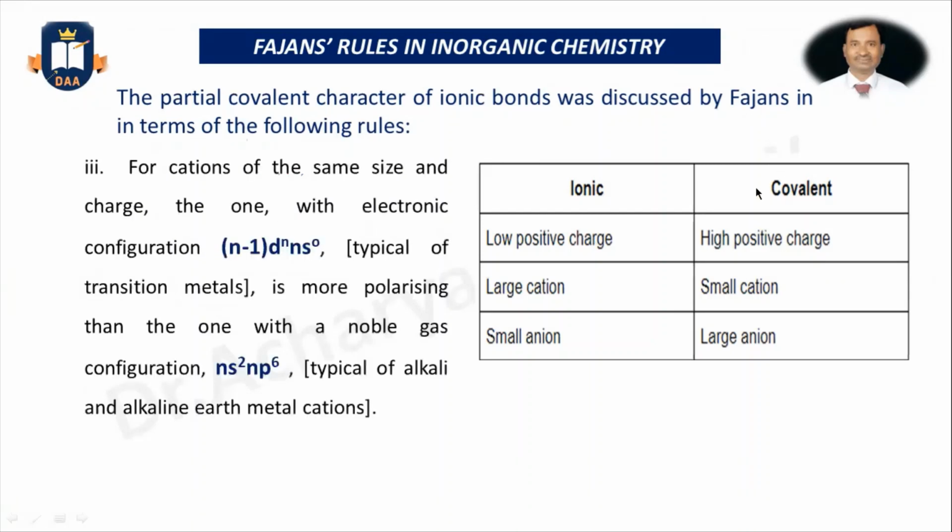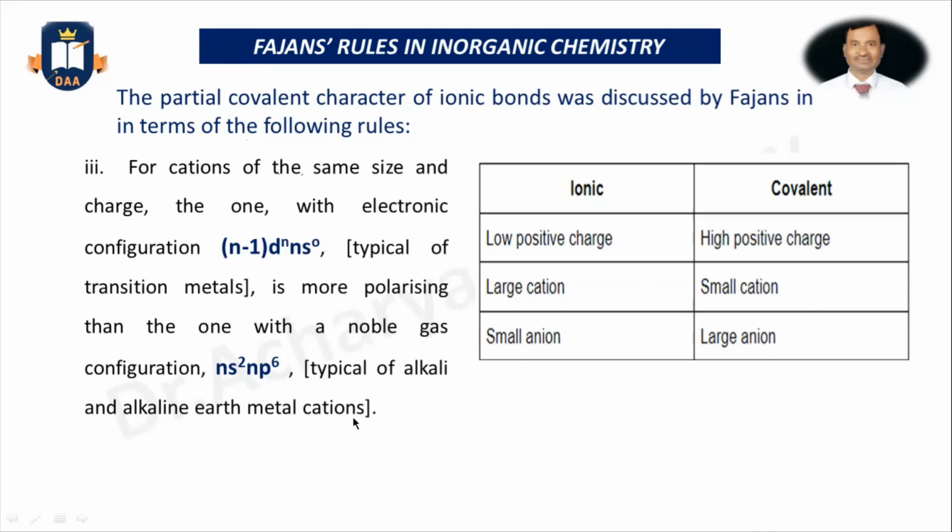Number 3. For cations of the same size and charge, with electronic configuration (n-1)d^n ns^0, which is typical of the transition metals, it is more polarizing than the elements with a noble gas configuration like ns2 np6, which is typical of the alkali and alkaline earth metal cations.